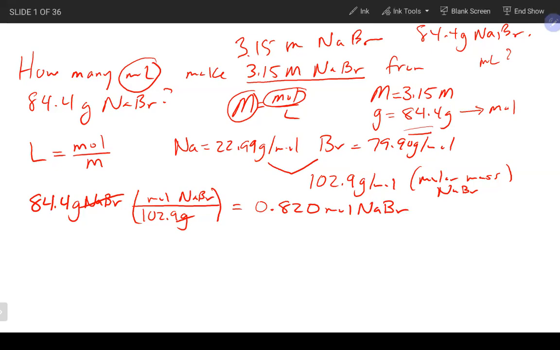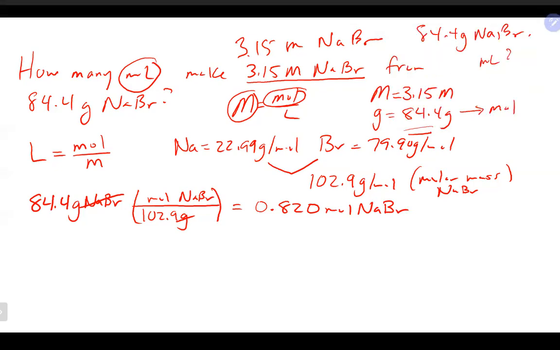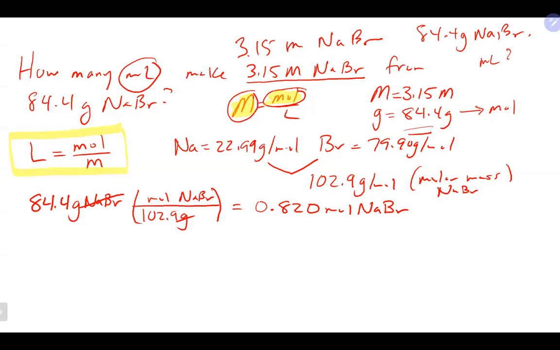Again, the reason we did that conversion is that moles is what we need for molarity. So now we have the moles and we have the molarity, and once again it's just a rearrangement to solve for it.